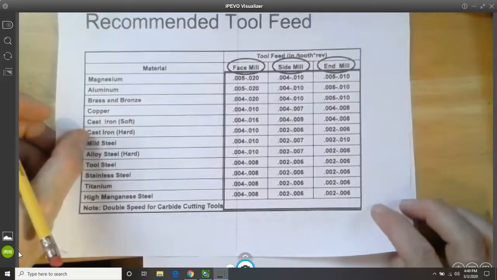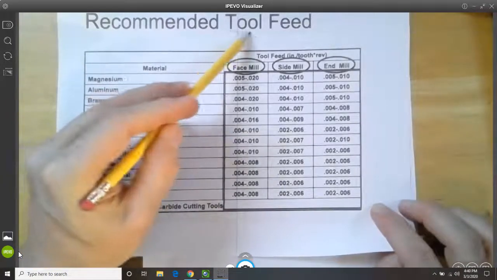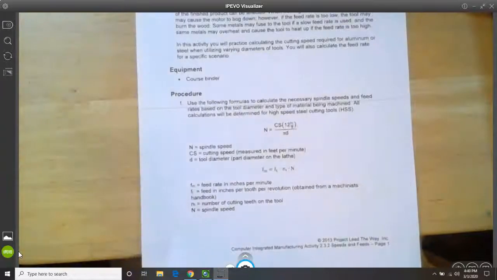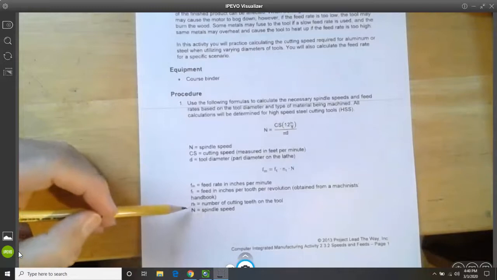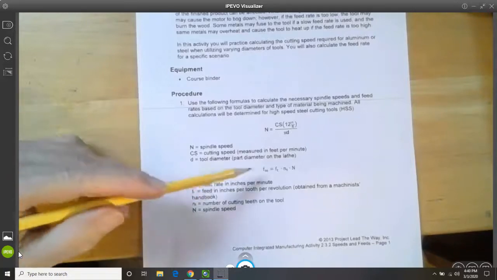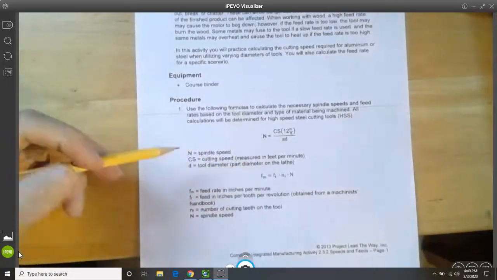This is a tool chart, tool feed. That's the chart that we're going to be looking at. Also, you have NT, which stands for the number of teeth, and N, which is the spindle speed. So in order to use this formula, we have to calculate spindle speed first.